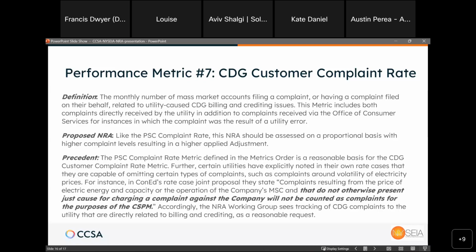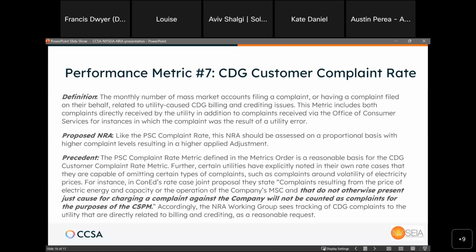So first of all, we're not 100% sure that all of the complaints from customers at this point in time about utility caused crediting and billing issues are actually captured in the current CSPI complaint metric.